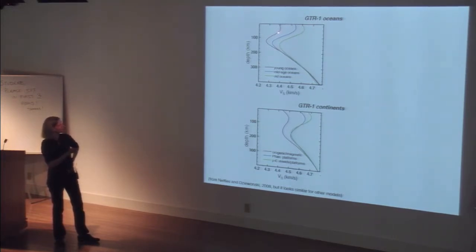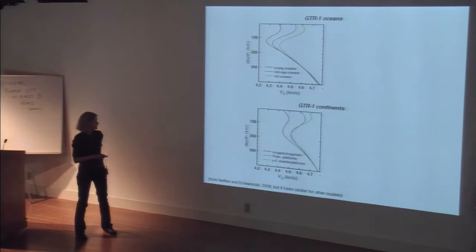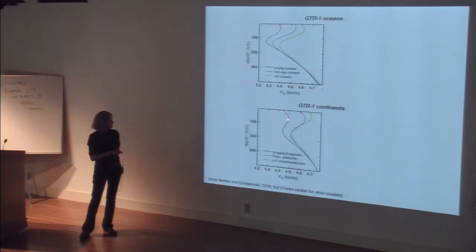And you can see that as the oceanic lithosphere cools, the velocities increase. The depth of the low velocity zone gets a little bit deeper, but basically it's behavior we can understand based on thermal cooling. In the continents, you also see differences. So here are orogenic and magmatic regions, slower velocities, still faster than the young oceans.